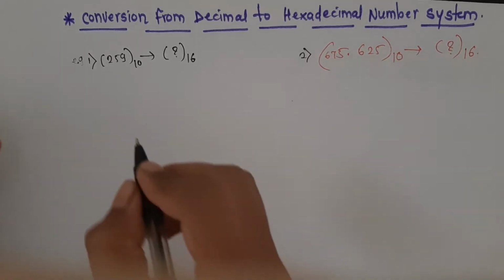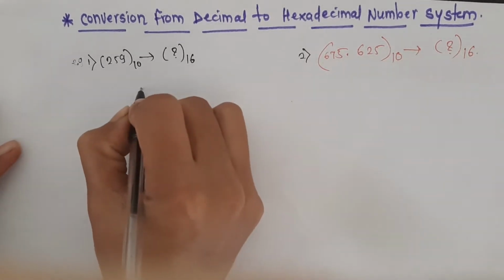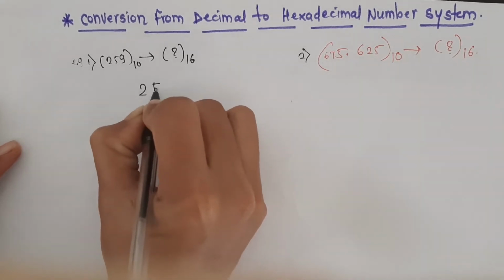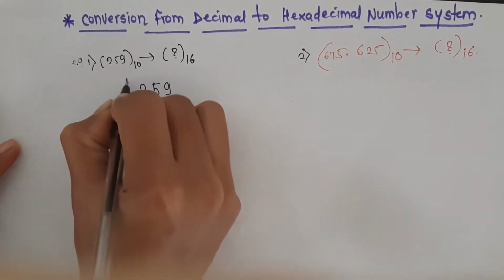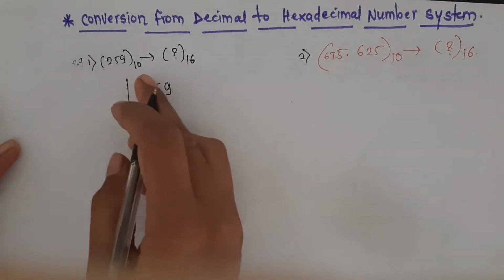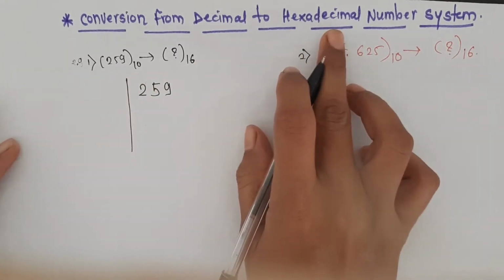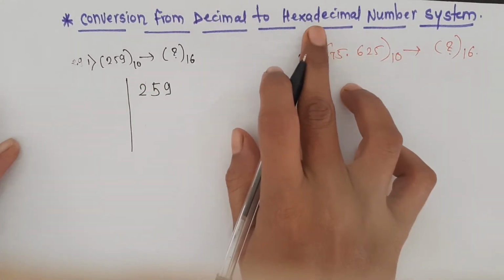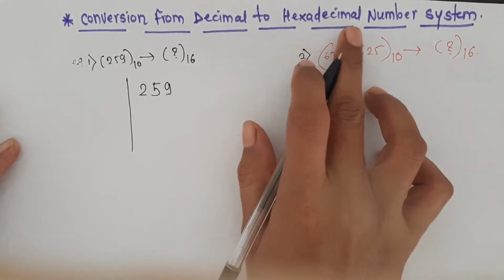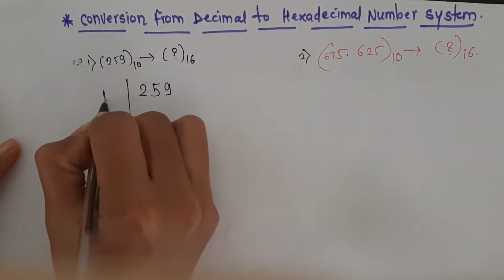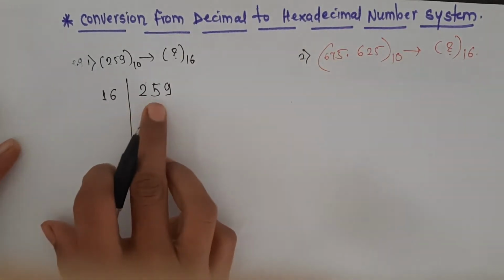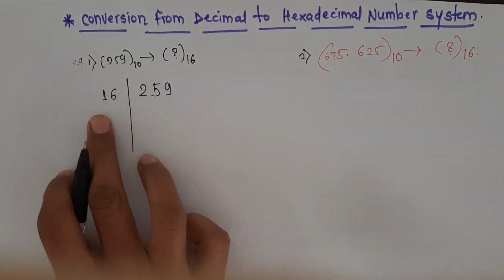So take the given decimal number, 259. Divide that number by the base 16, because here the converting system is the hexadecimal number system. So divide 259 by 16.